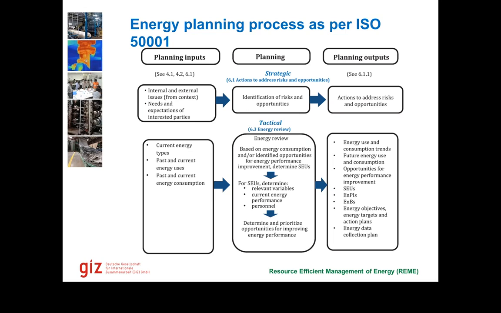And another colleague from our team also talked about the energy review. So what it is, we base it on the data. Which data? Current energy types, past and present energy uses, the energy consumptions, greenhouse gas emissions, and the procurement records, for example, different types of data that we can get.